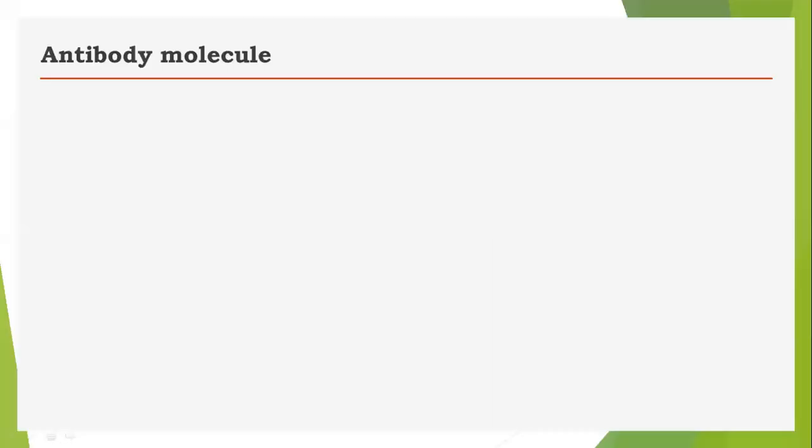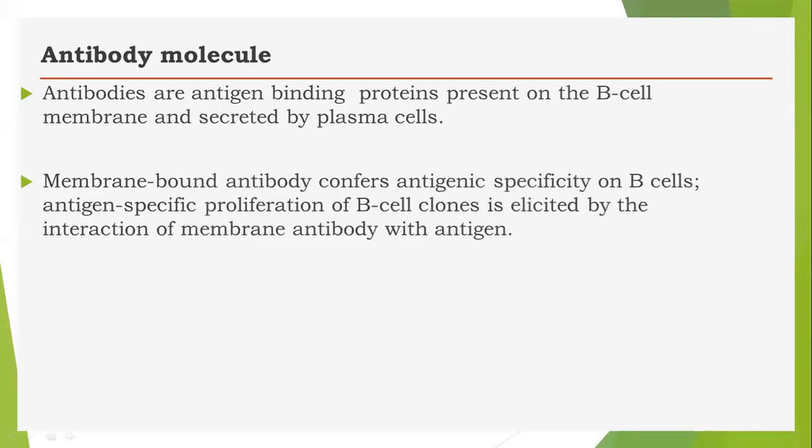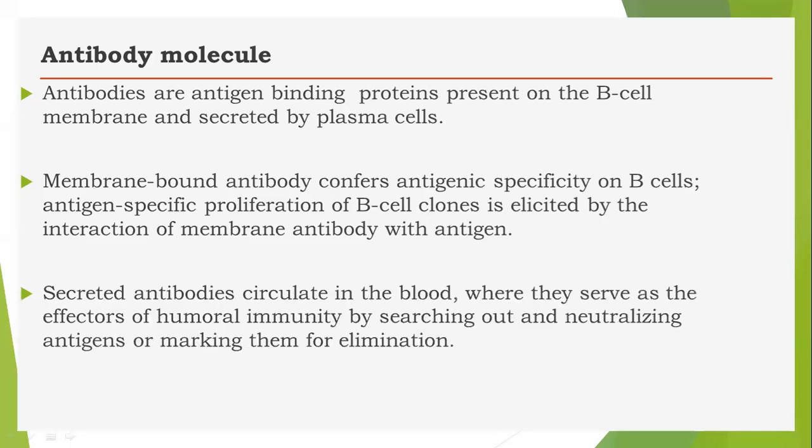Let's just do a summary. In summary, antibodies are antigen binding proteins that are present on B cell membranes and are secreted by plasma cells. Membrane-bound antibodies confer antigenic specificity on B cells, as we have discussed, and also the secreted ones circulate within the peripheral system.